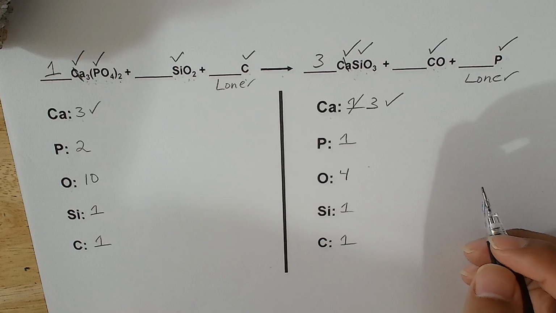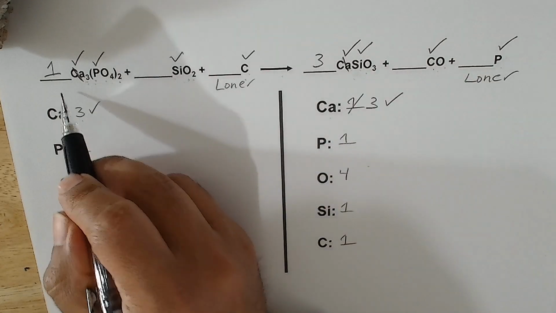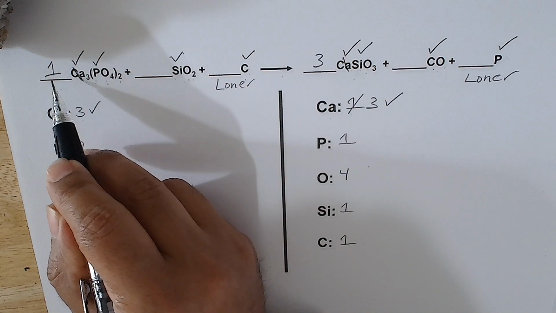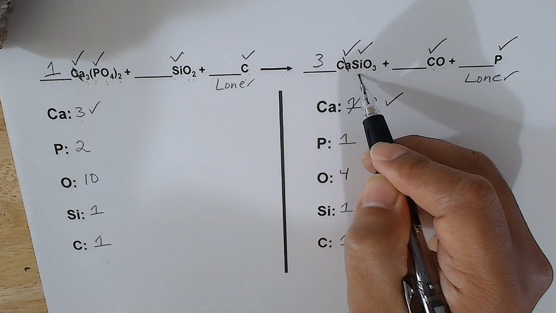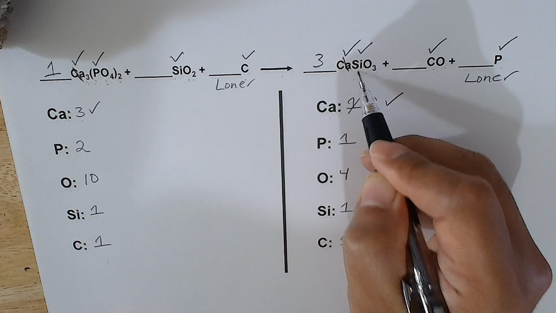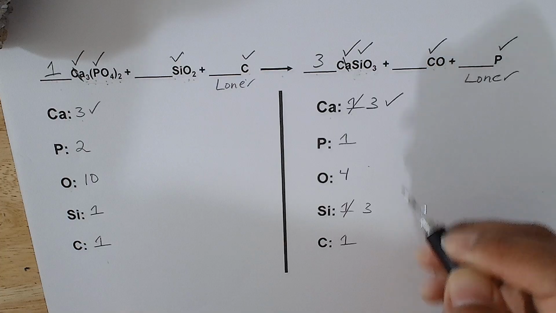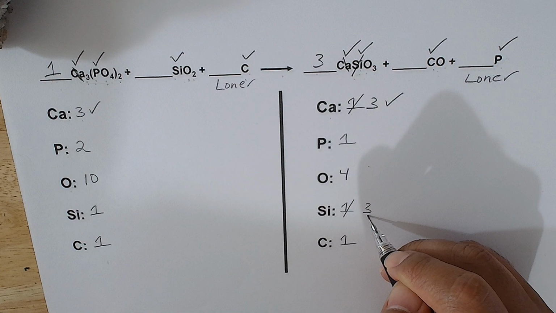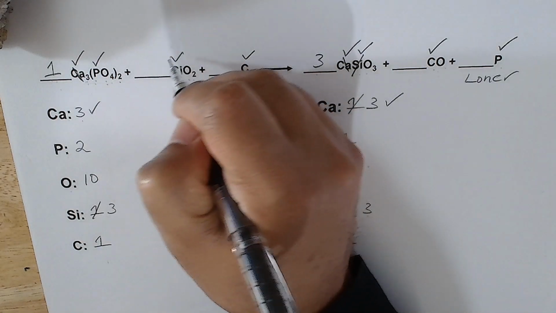And of course, the answer is calcium silicate. Because over here with the calcium phosphate, by locking it in with a number of 1, everything remains the same. However, over here, things start changing. For example, we now have 3 silicons instead of having 1 of them. So if I have 3 silicons in the product side, I need to have 3 in the reactant side.